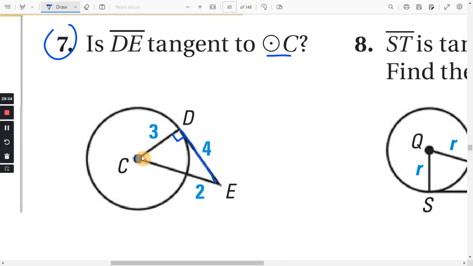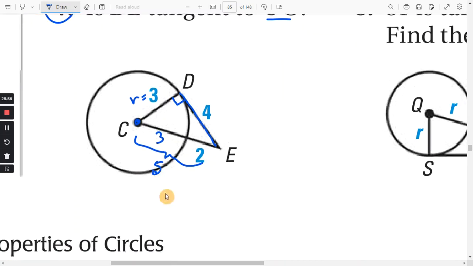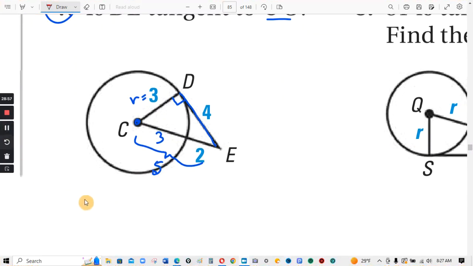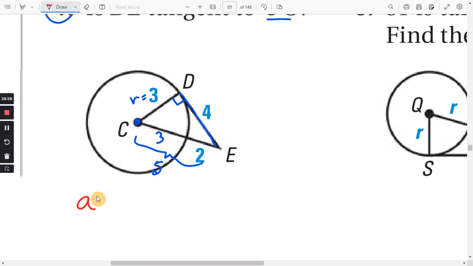If the radius right here equals 3, then the radius right here is also going to be 3, and this entire side is going to be 3 plus 2, which equals 5. So see if you can prove that's a right triangle. All right, so basically, we're just doing a squared plus b squared equals c squared.